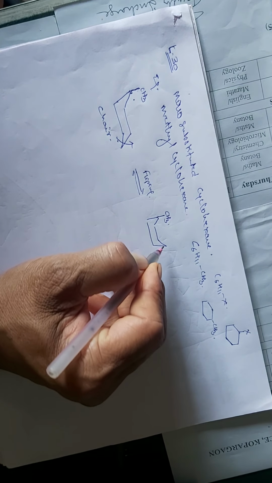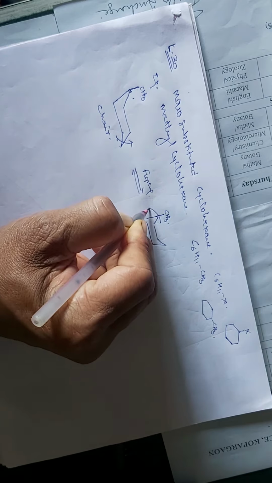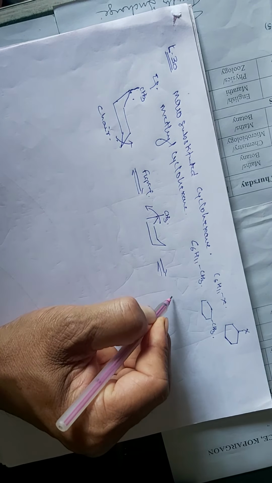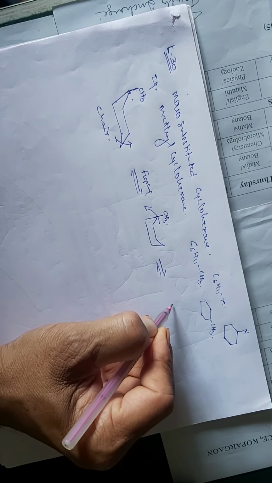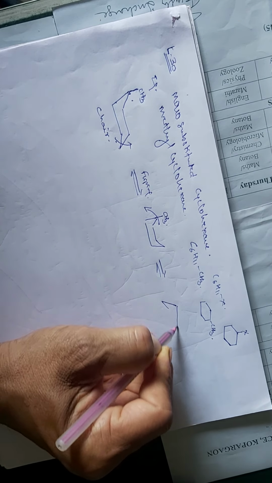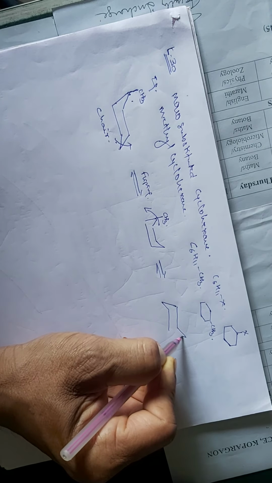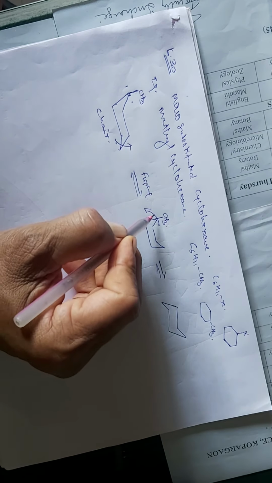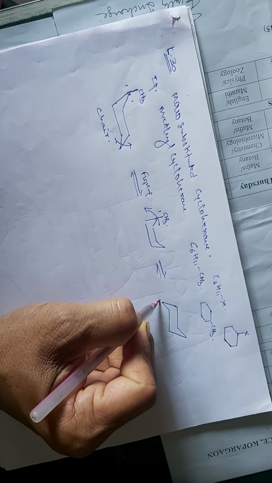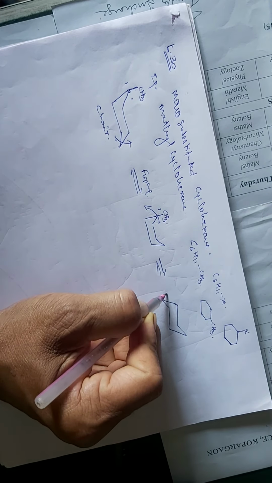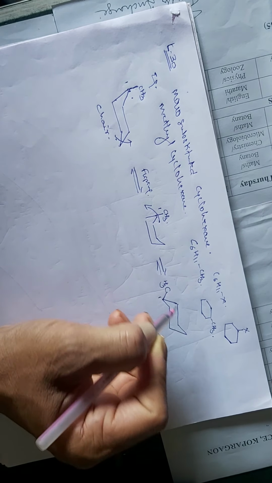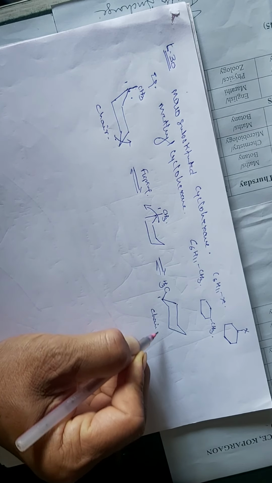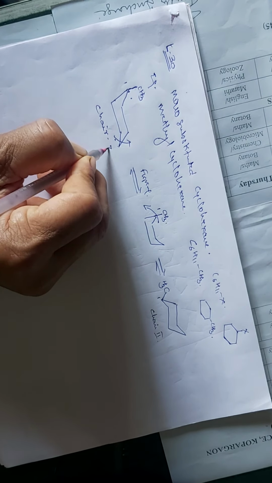Now this will come down, and this flipping will give you the conformation in which the carbon which was above the plane has come below the plane, suppose this carbon 1 has come below the plane, and so the group gets converted from axial position to the equatorial position. So this is chair 2, and the earlier one is chair 1.